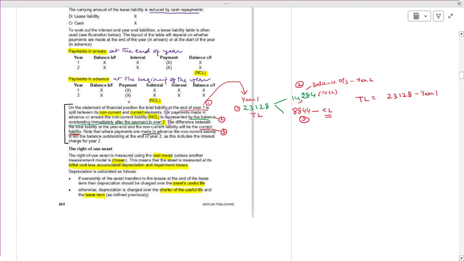Now what is the balance at the end of year 2? 14,284. This is at the end of year 2. It means you are going to pay for more than 1 year. Whatever the difference between these two, this has to be identified as the current liability.